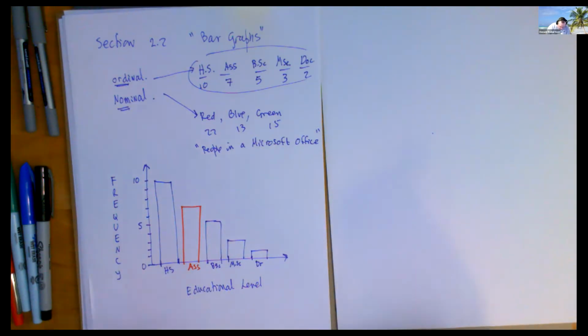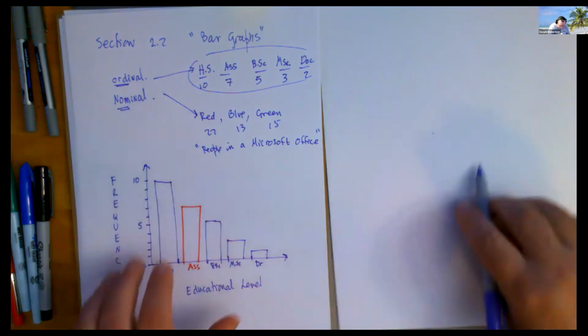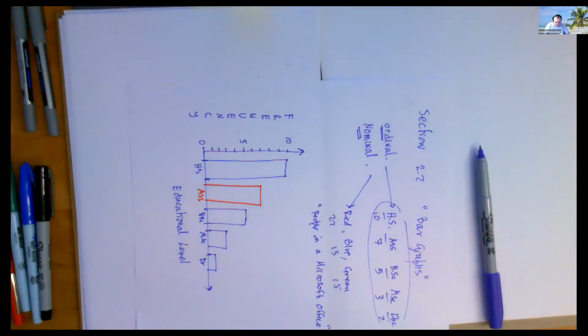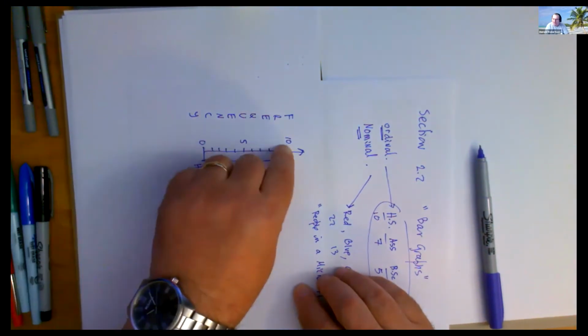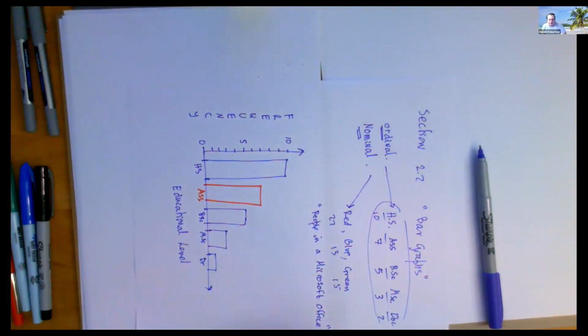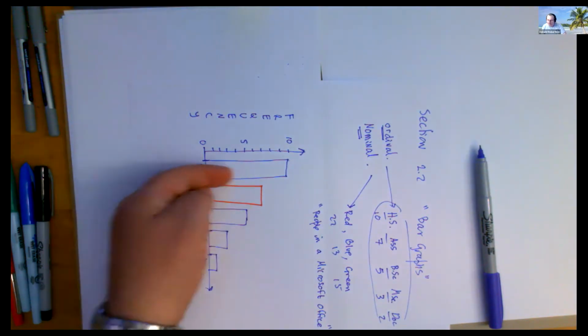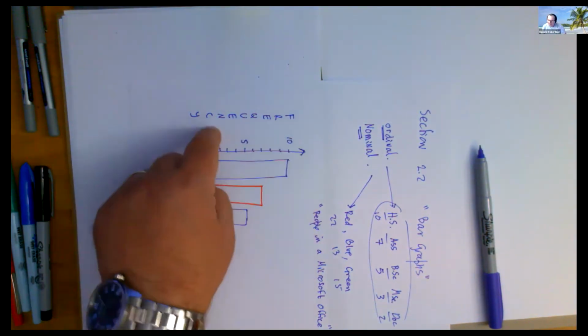Now, you can take this same chart and you can do this to it. You might want to turn the 0, 5, and 10 around, but this also counts as a bar graph, right? Do you see that the rectangles are going that way? And this fella up here is a frequency.